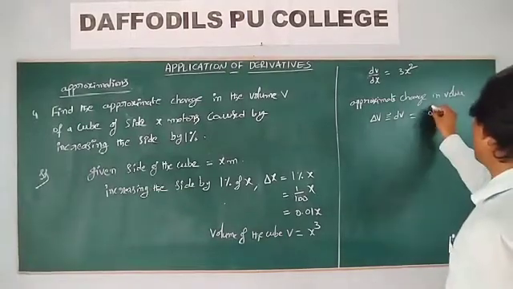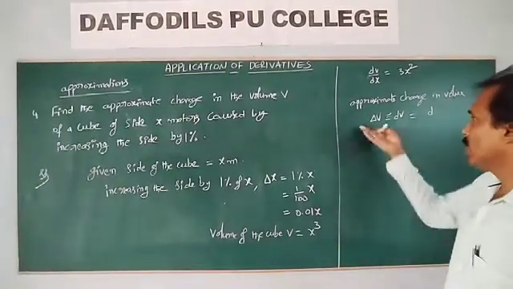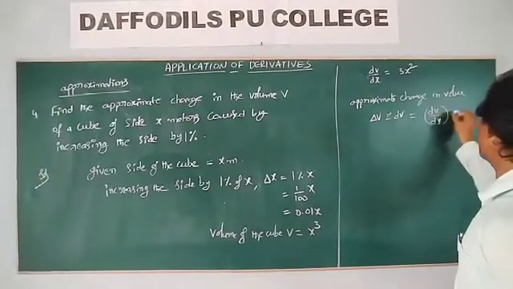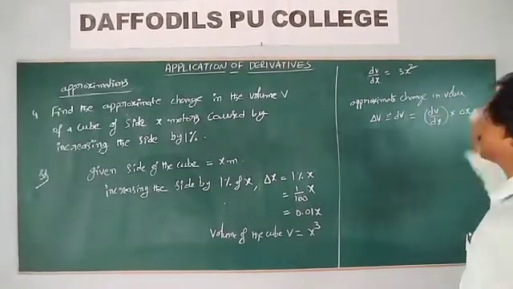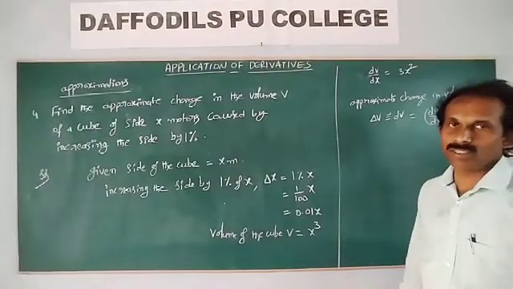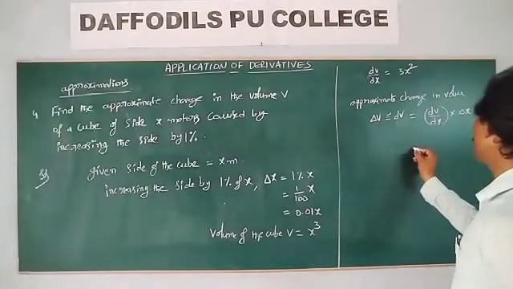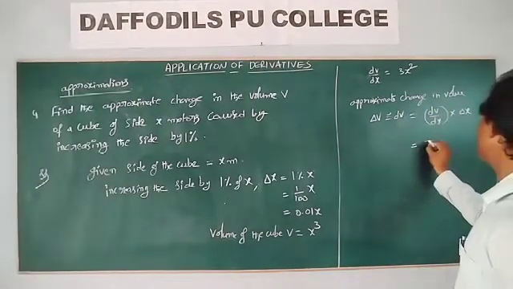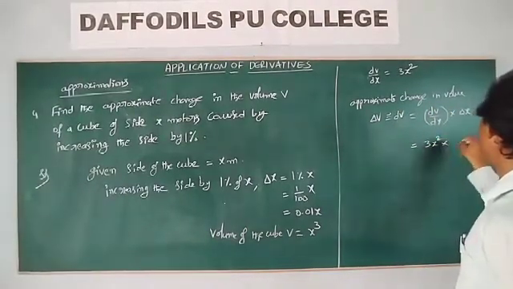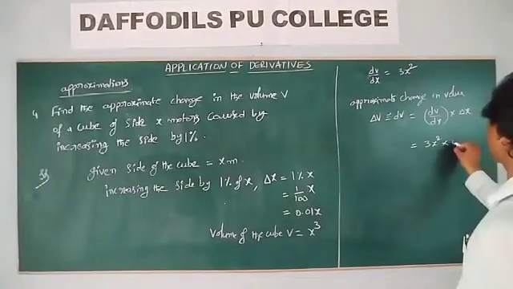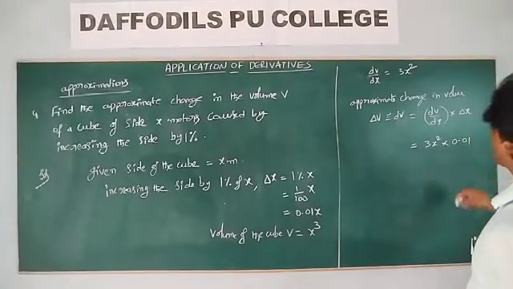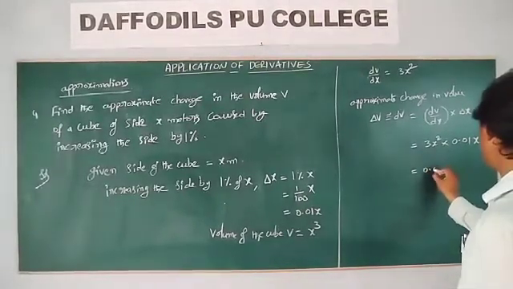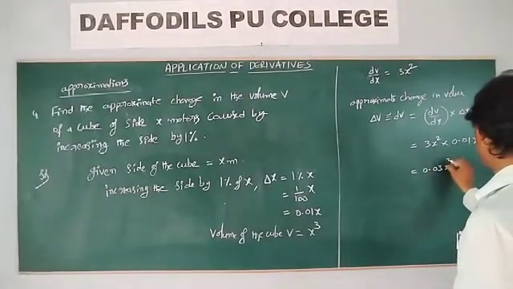F dash x means the differential of the given function, dv by dx, into delta x. This is equal to 3x square into 0.01 x, which gives 0.03 x cube.